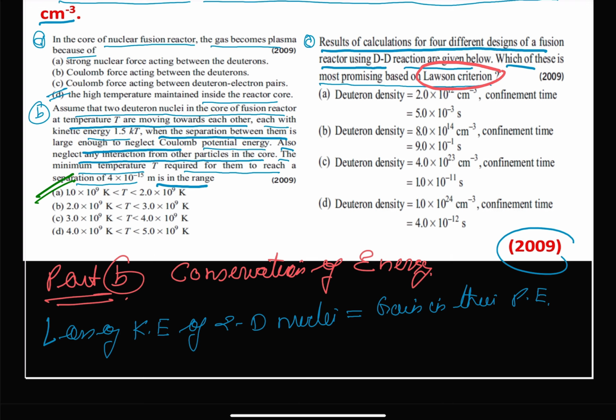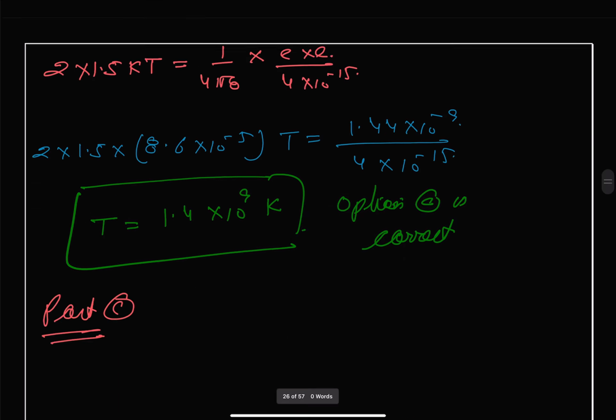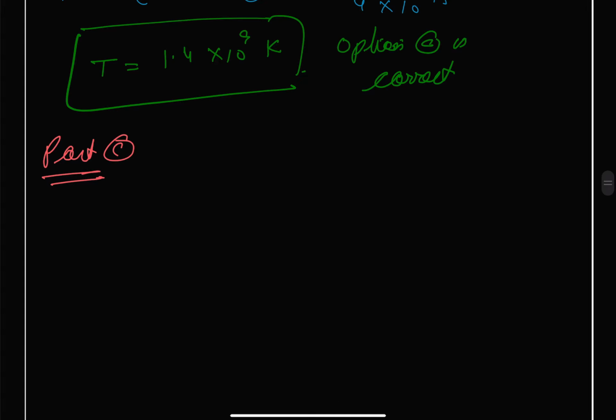For option A, the value of n is given as 2 and the confinement time is given as 5. So we can easily find out the Lawson number, which is n times τ.